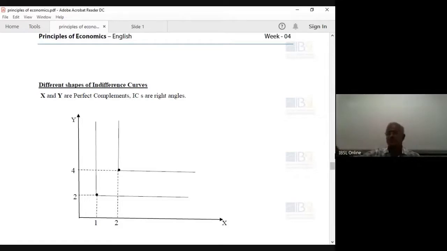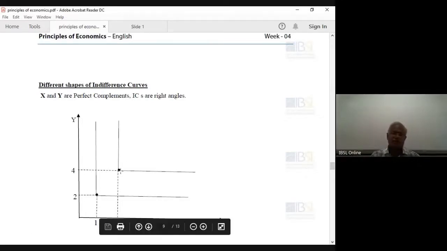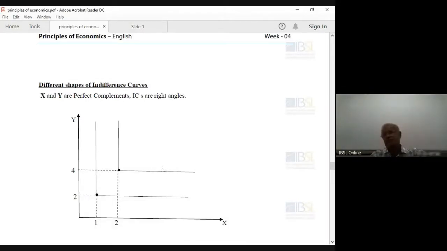Therefore, his consumption bundle moves from one point to another. It never moves along this one. These bundles are invalid because 1 right shoe and 5 left shoes are no use.